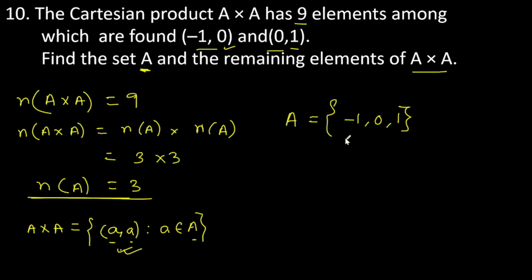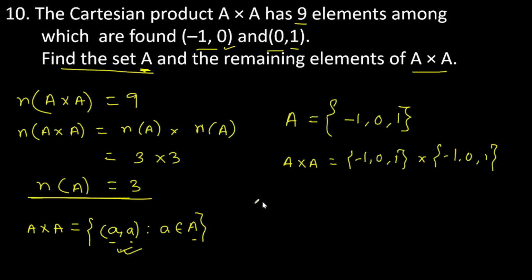Since this gives set A, now we have to find A cross A. So {-1, 0, 1} cross {-1, 0, 1}.